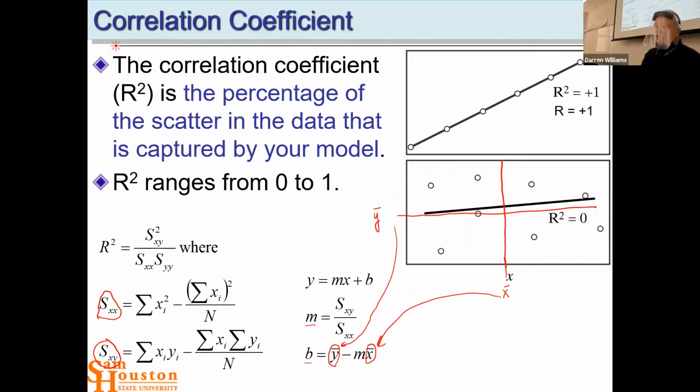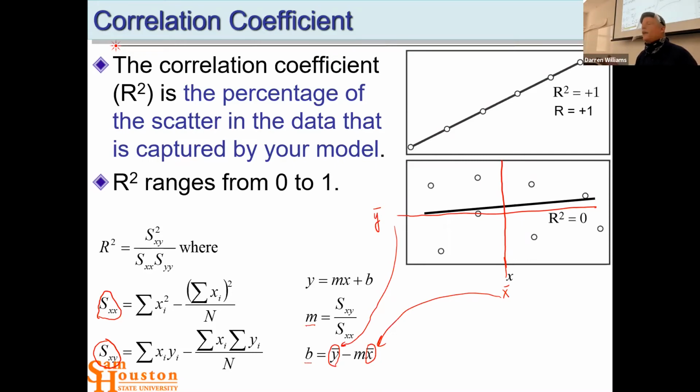And so I want you to do that in your homework next week, just so you have an appreciation for what's going on. And you'll be able to enter those in Excel in the future to do your linear least squares fits on the fly. You don't have to do ANOVA all the time. You can solve for M and B and the uncertainty in M and B right there in the cells and not have to go through all those steps of doing the ANOVA.